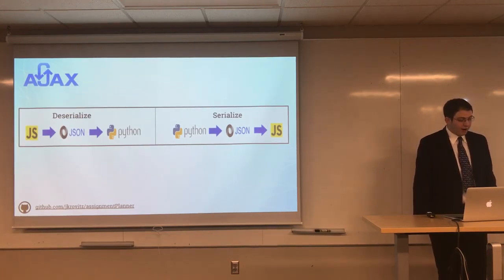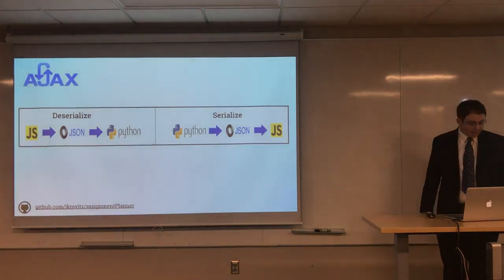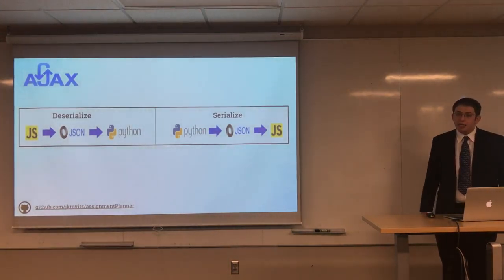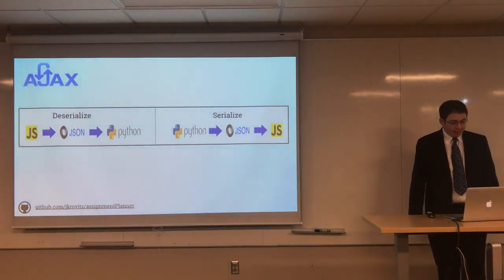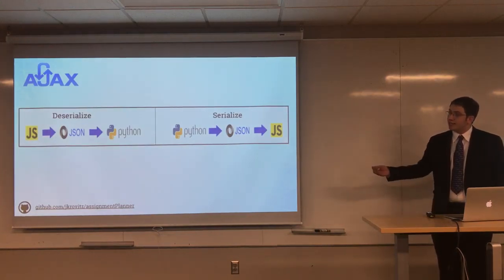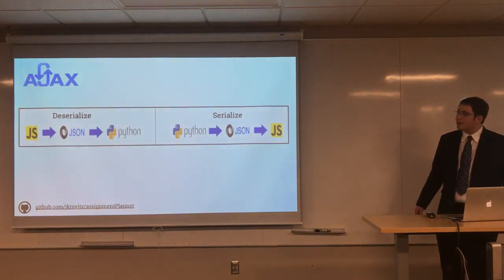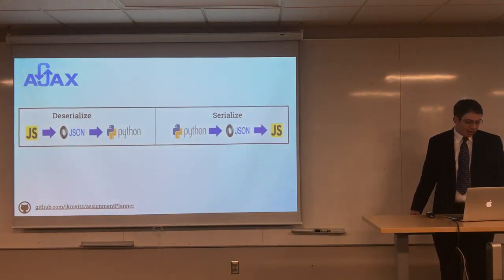AJAX calls are used both to send data to the server, as well as requesting and receiving data from the server. When exchanging data between a browser and a server, the data can only be text. JSON is text, and we can convert JavaScript objects into JSON and then into Python, a process known as deserialization.